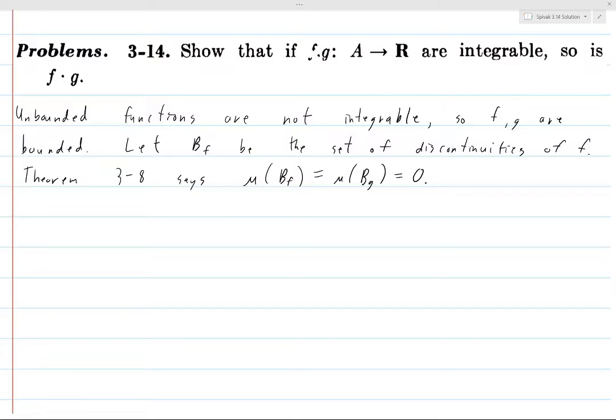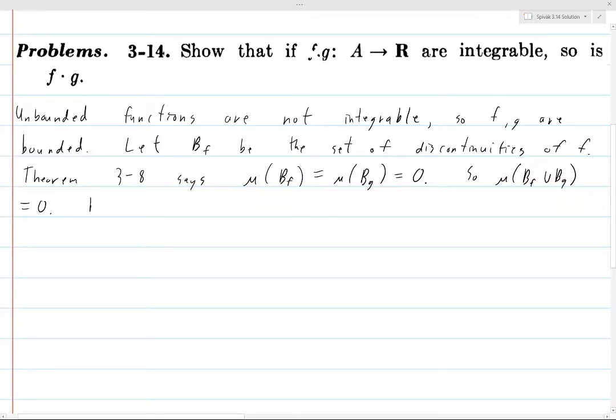Okay, so f and g are functions which are integrable, and so their sets of discontinuities must have measure 0. So the measure of Bf union Bg also equals 0, and that was a theorem from, I think, the previous section where you can take countable unions of sets of measure 0 and still have a set of measure 0.